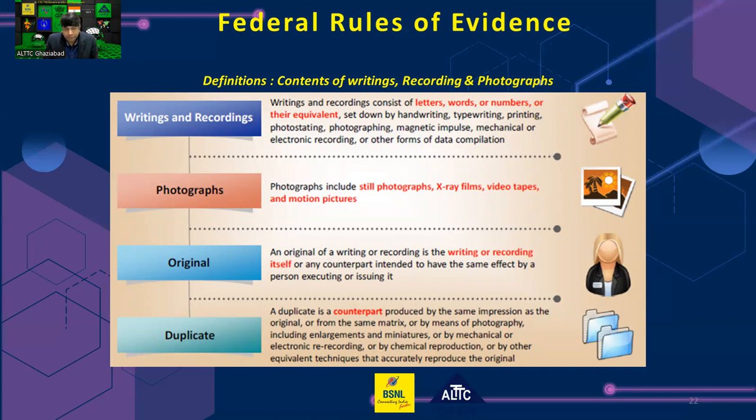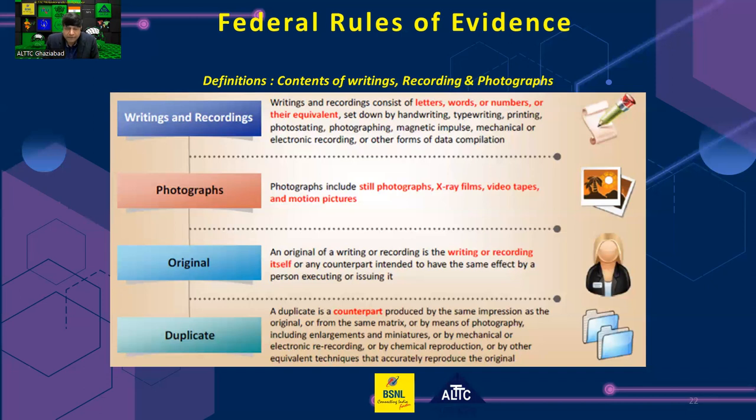Photographs include photographs, X-ray films, video tapes, and motion pictures. Original: an original of a writing or recording is the writing or recording itself or any counterpart intended to have the same effect by a person executing or issuing it.